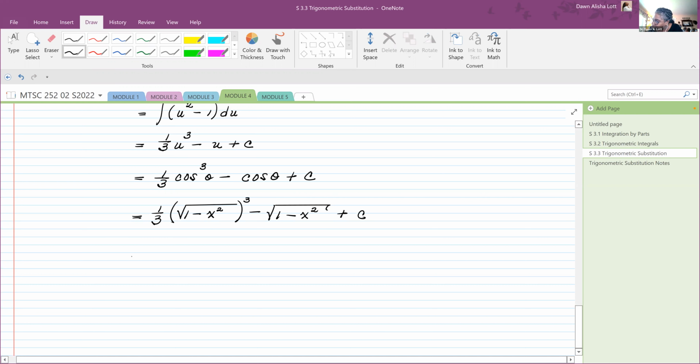And so the nice way to write it would be 1/3 times 1 minus x squared to the 3/2 power minus 1 minus x squared to the 1/2 power plus a constant. And so therefore I am now done.